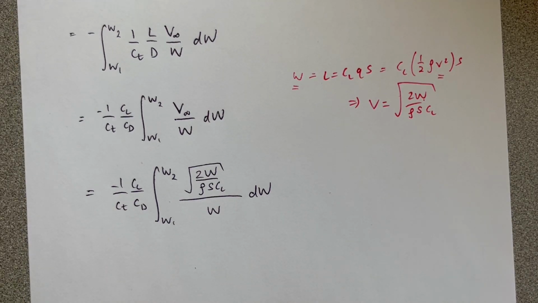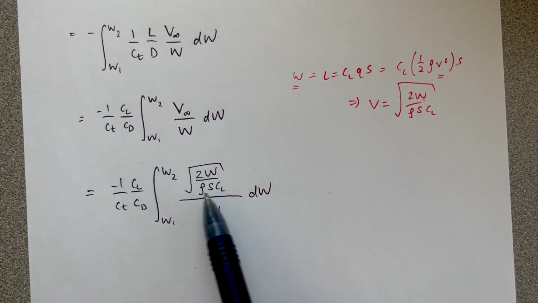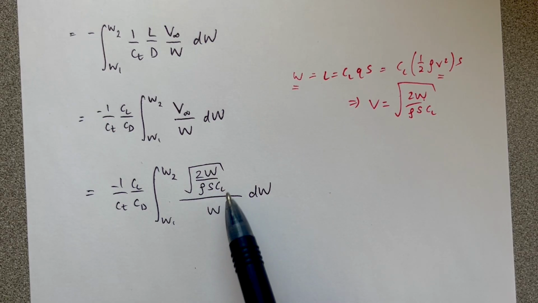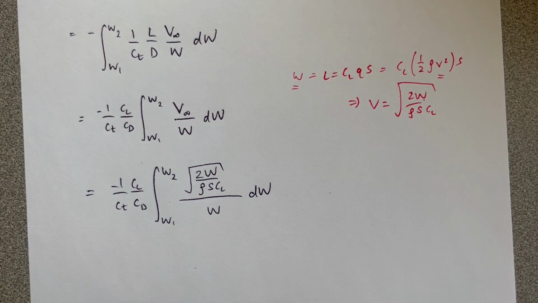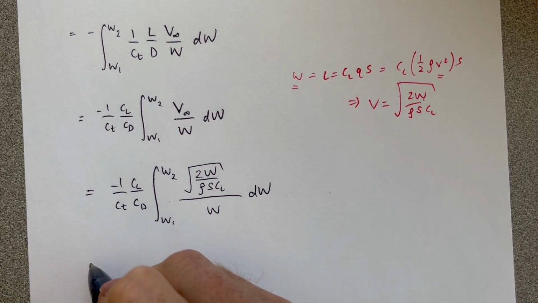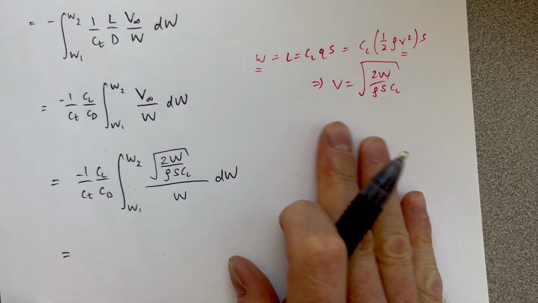That looks like a bit of a mess, but we can simplify this and take out all of the other terms again that don't depend on W. I can take out the 2, the air density, wing reference area, and CL all out to the front of the integral.